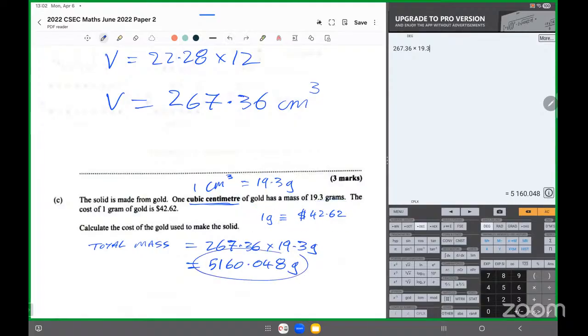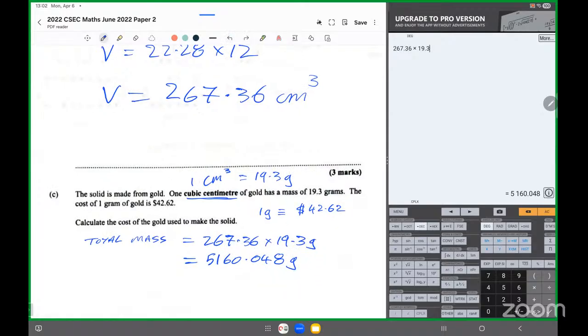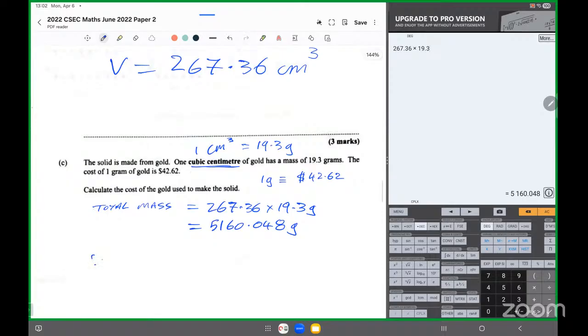And then 1 gram is for this amount of money. So this amount of grams is for this times this amount of money. All right, so the total cost is going to be 5160.048 times the amount for 1 gram, which is 42.62.